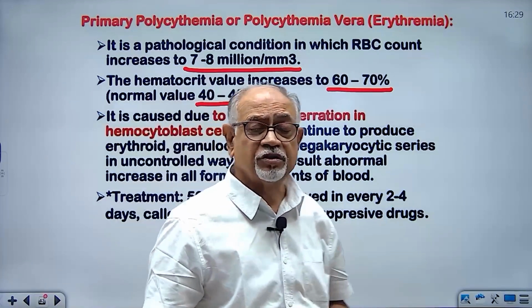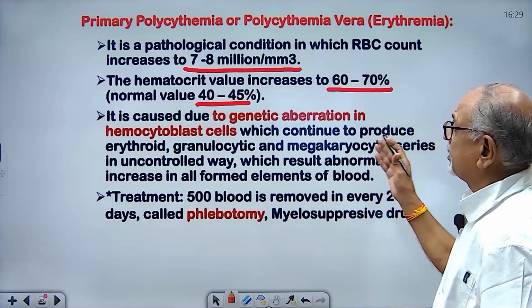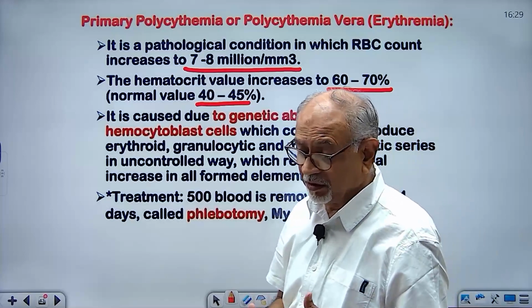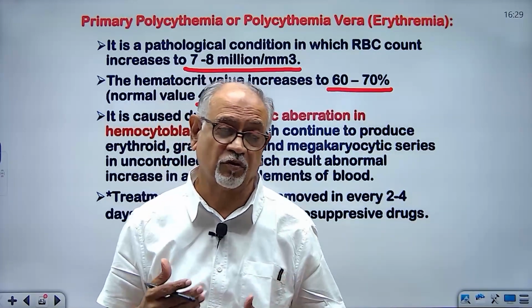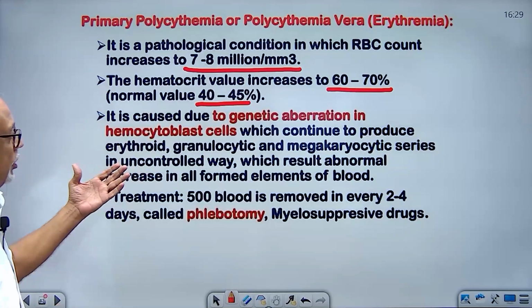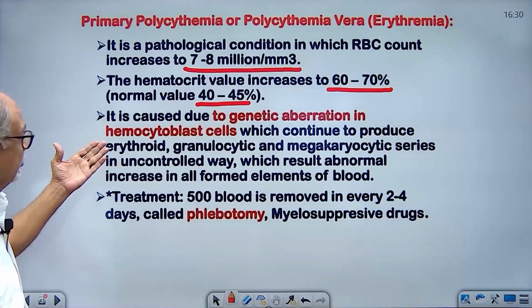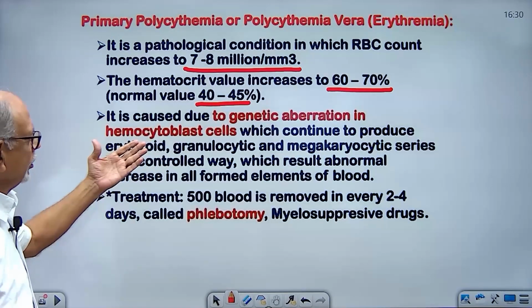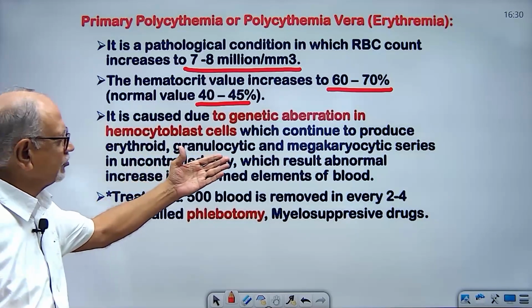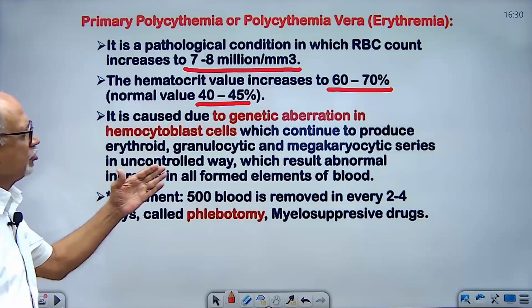It is caused due to some kind of genetic aberration in hemocytoblast cells. That means those cells which form RBCs, the RBC stem cells, continue to produce the erythroid series, granulocyte series, megakaryocyte series in an uncontrolled way.